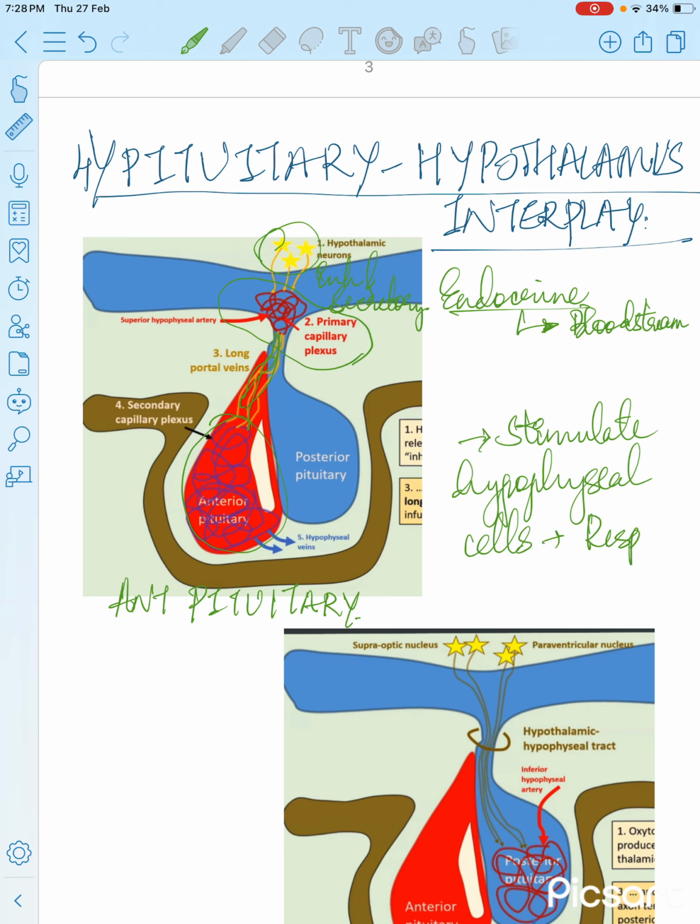So basically, the hypothalamic inhibitory or secretory hormones, for example TSH, which is thyroid stimulating hormone, act on the hypophyseal cells stored within the anterior pituitary, to secrete as and when required by the body. So these hypothalamic messengers are basically stored in the secondary capillary plexus.